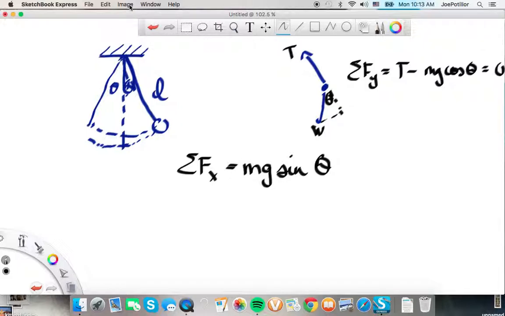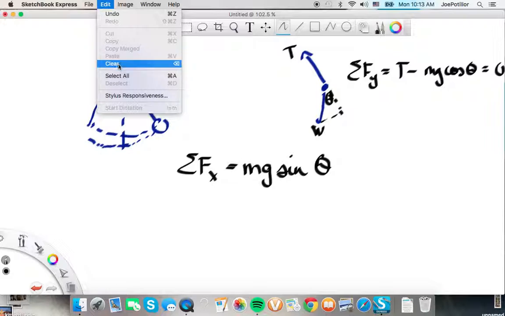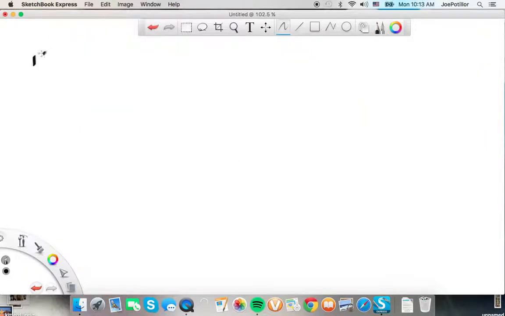Okay. Let me clear this out for you. So if we restrict the angle to less than pi over 18, it's about 10 degrees.